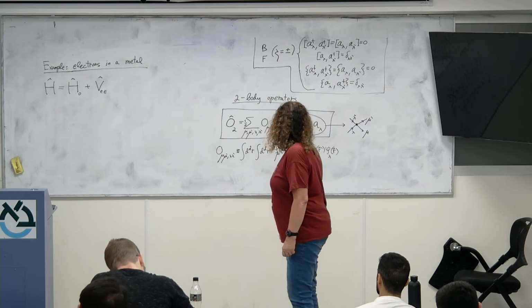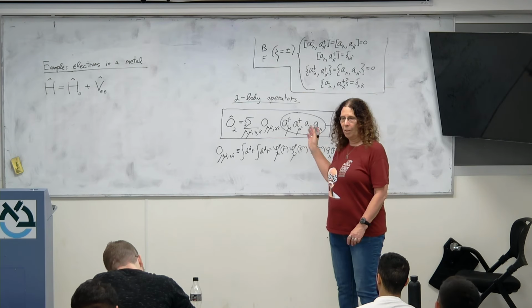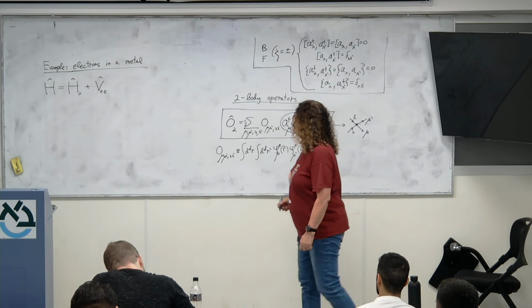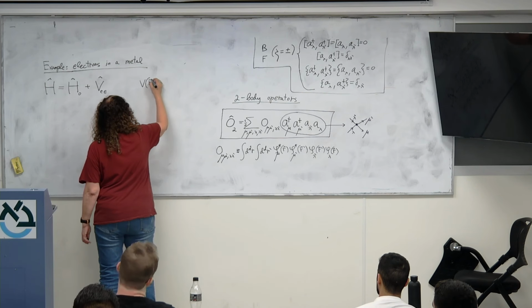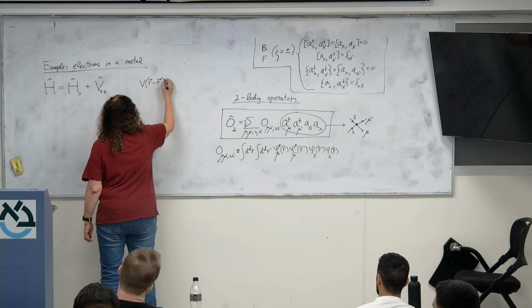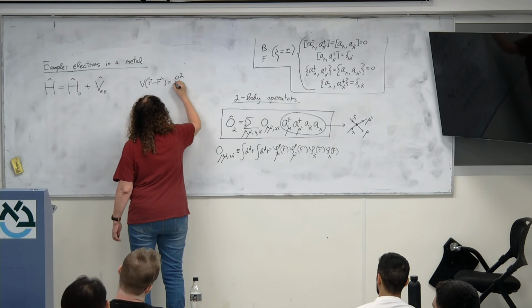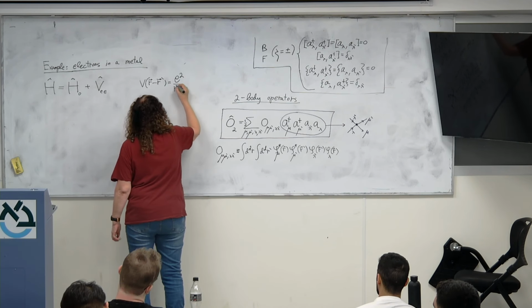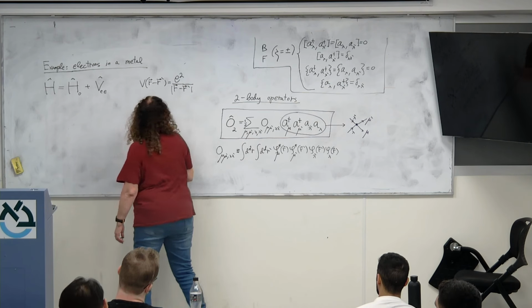In real space, it has the form that we wrote before, with V of R minus R prime just the Coulomb interaction.